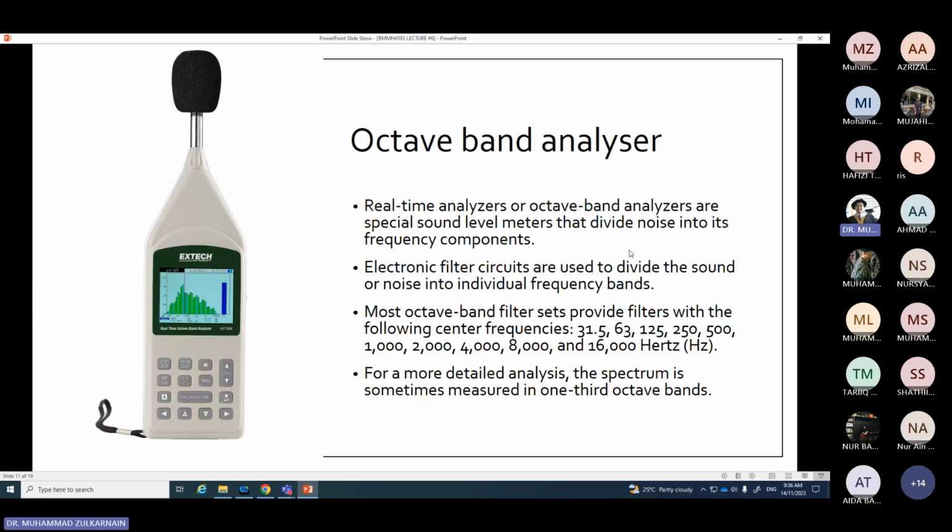Another one is the octave band analyzer. This one is related to frequency measurement. As we know, we have several octaves in the band system. Last time we already learned about the octave level, maybe around seven octaves, like the singer.